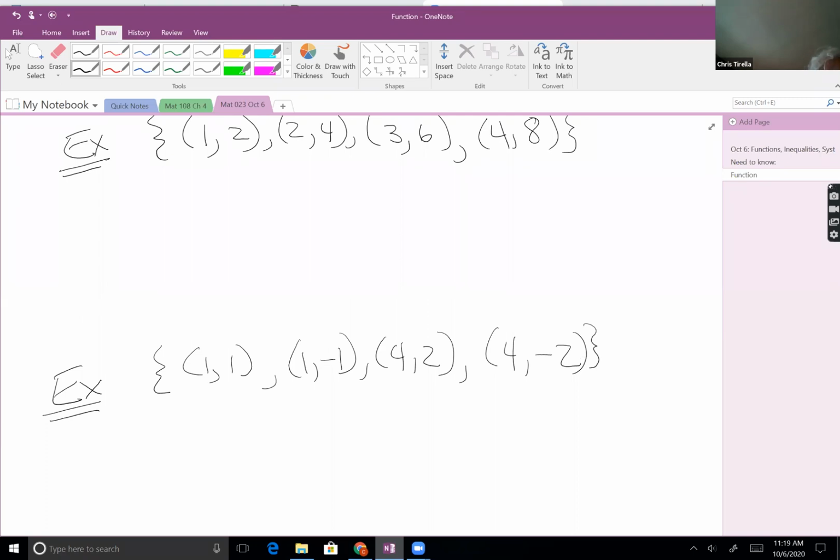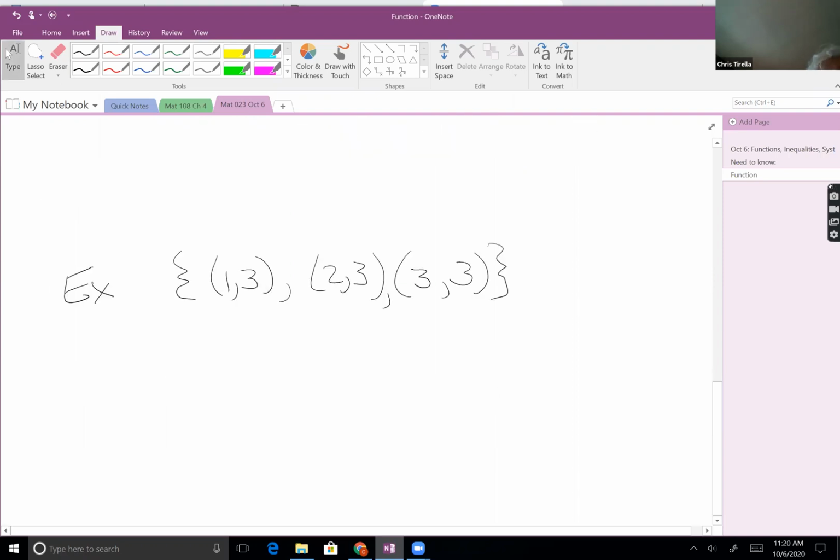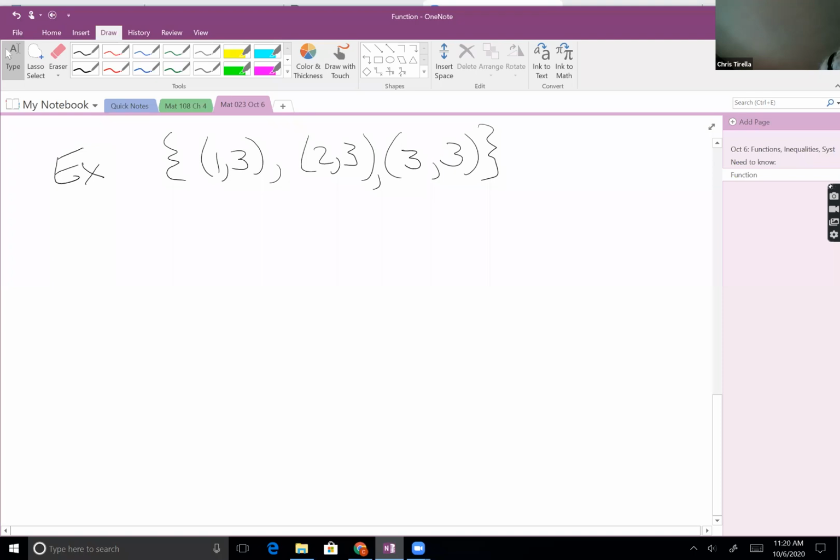And finally, let's look at another one: (1, 3), (2, 3), and (3, 3). And again, I'm going to leave a little bit of space because I want to go back and revisit each of those.